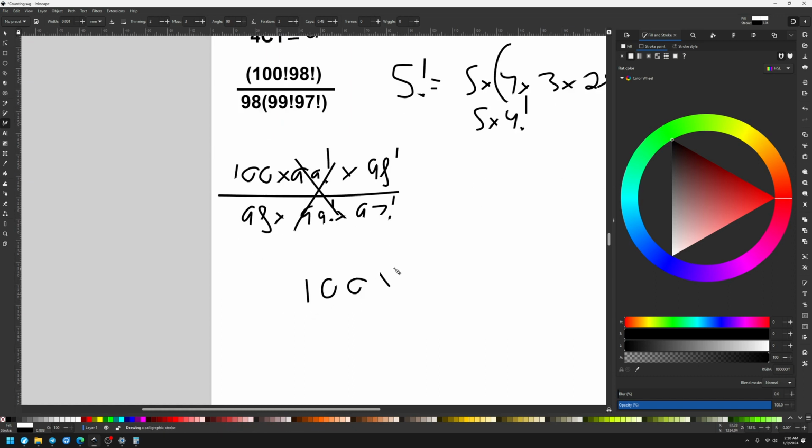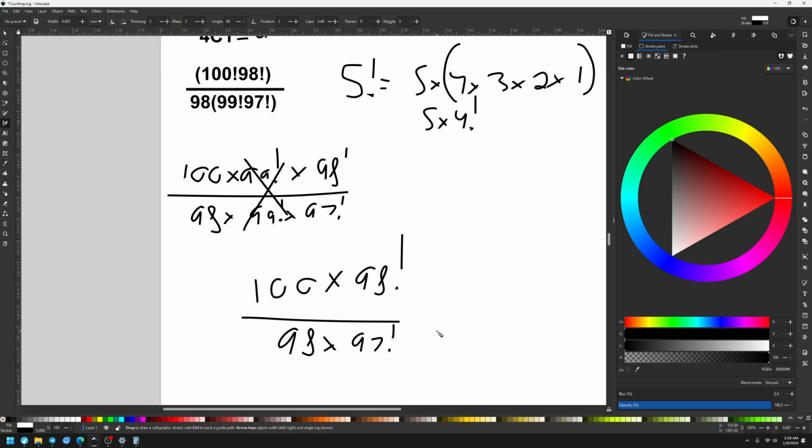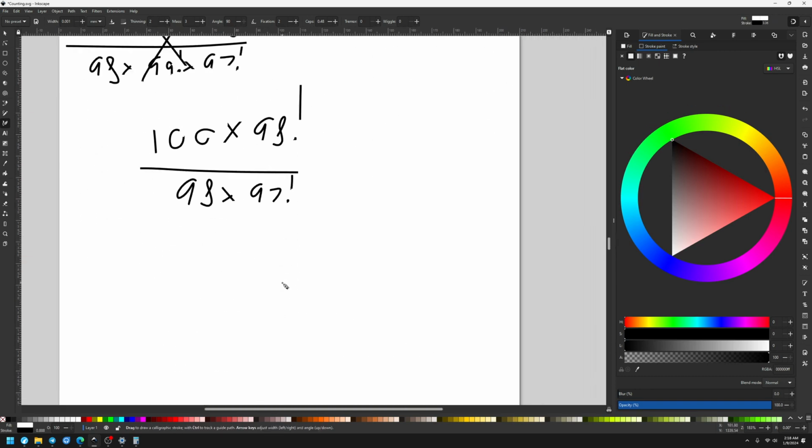Okay, so 100 times 98 factorial divided by 98 times 97 factorial. We can rewrite 98 factorial as 98 times 97 factorial.